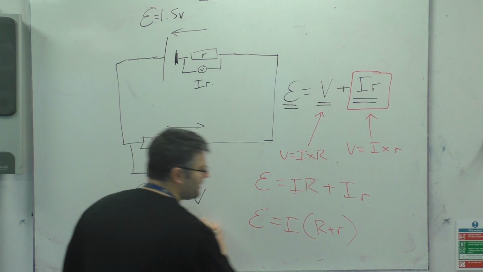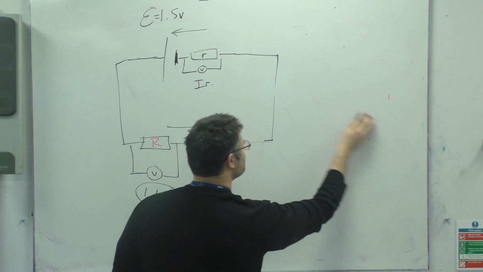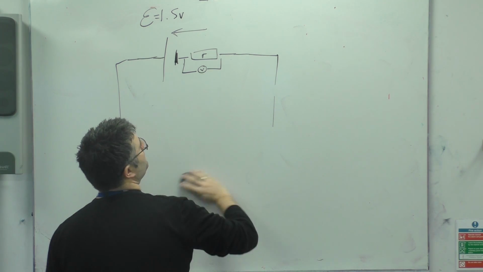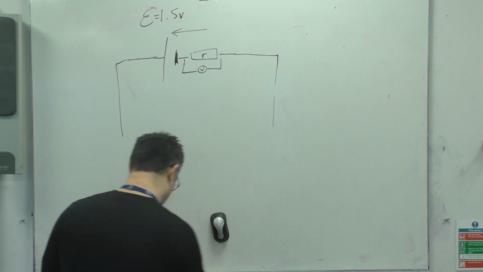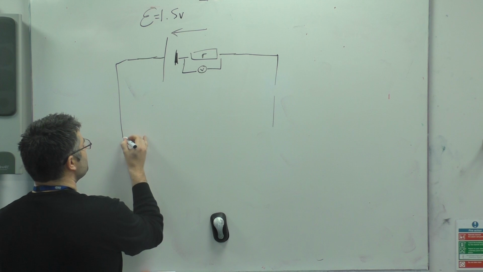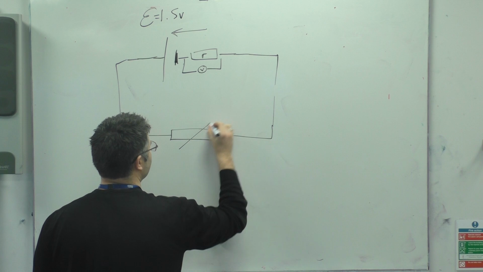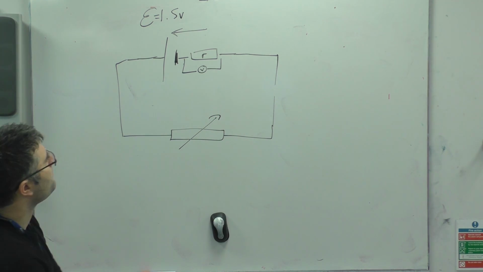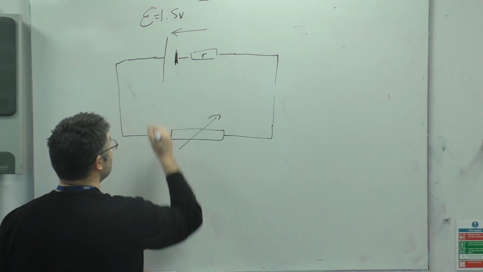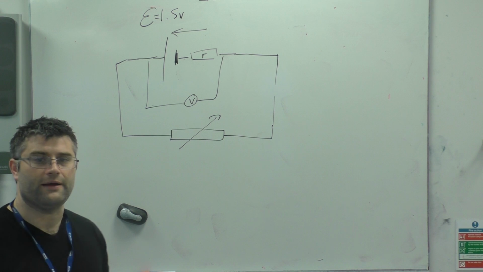Now, what we can look at is, how do we actually measure internal resistance, and what's the common methodology to do that? Well, we use a very similar setup as we have before, except the only difference is that I attach a rheostat or a variable resistor in here. And what I'm looking to measure is the voltage out across that resistor there.